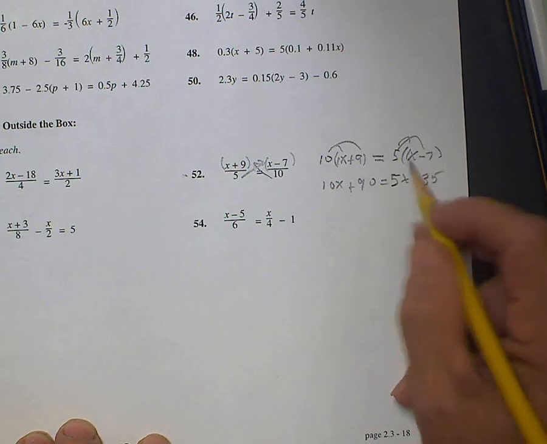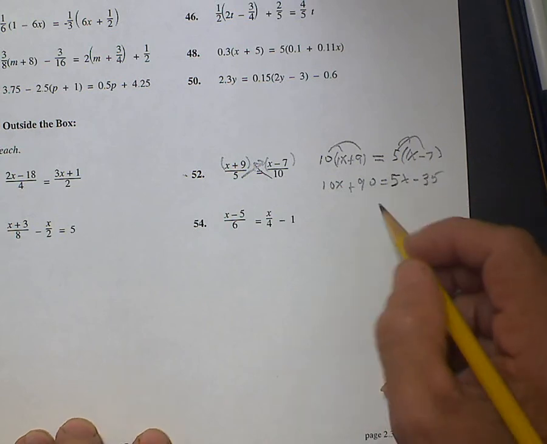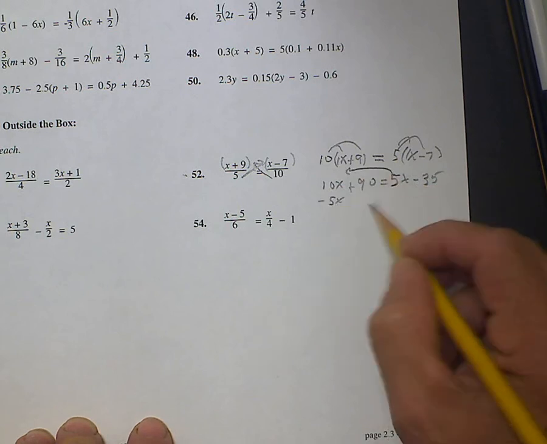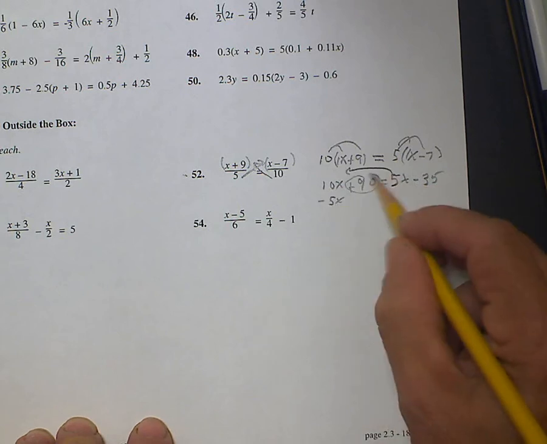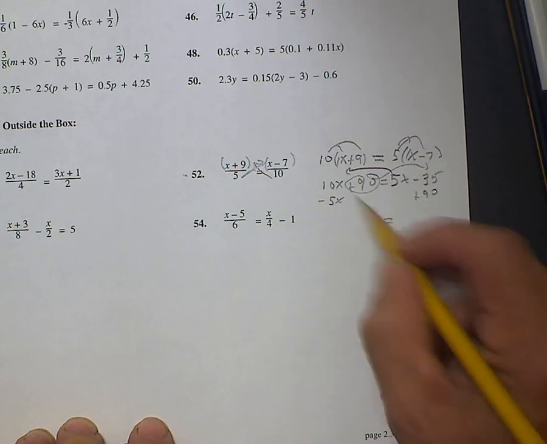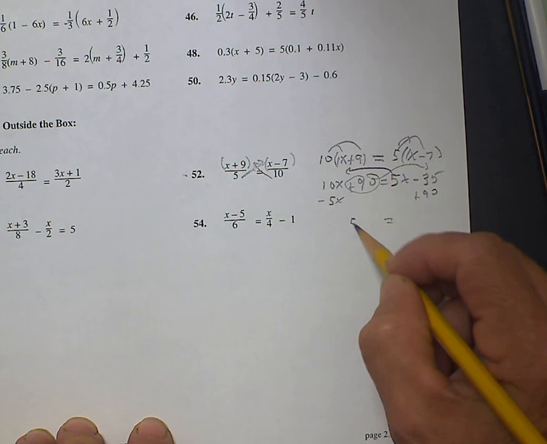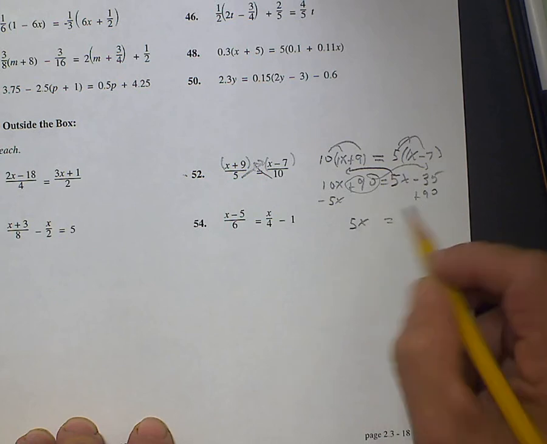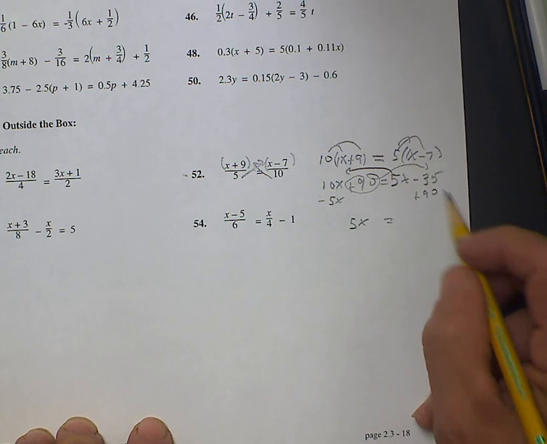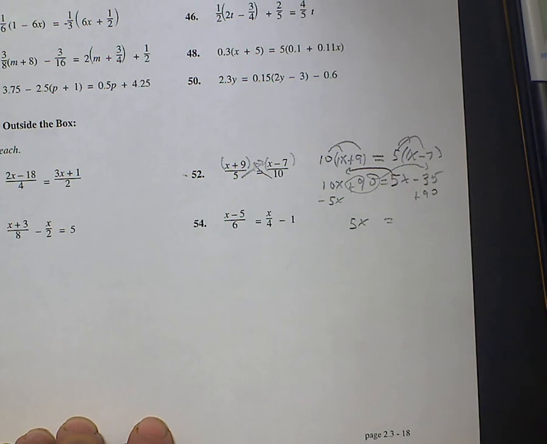I have x's on both sides, so let's move the x's over here. So that's 5x. Let's move the 90 over here, so plus 90. 10x minus 5x is 5x. Negative 35 plus 90 is 55.